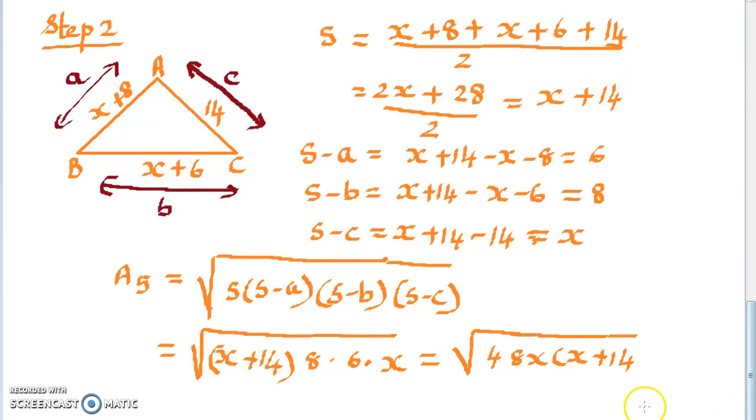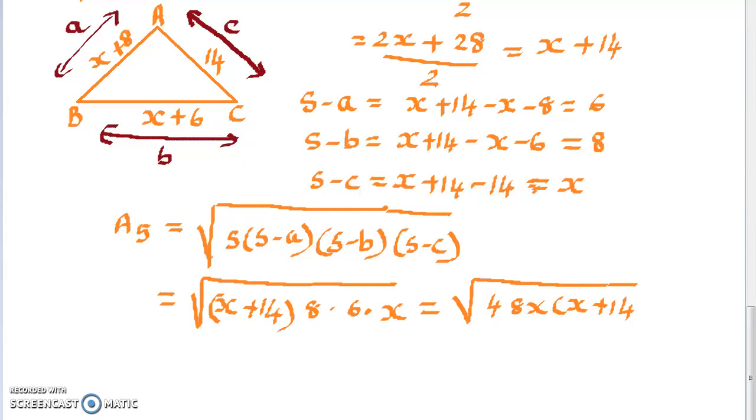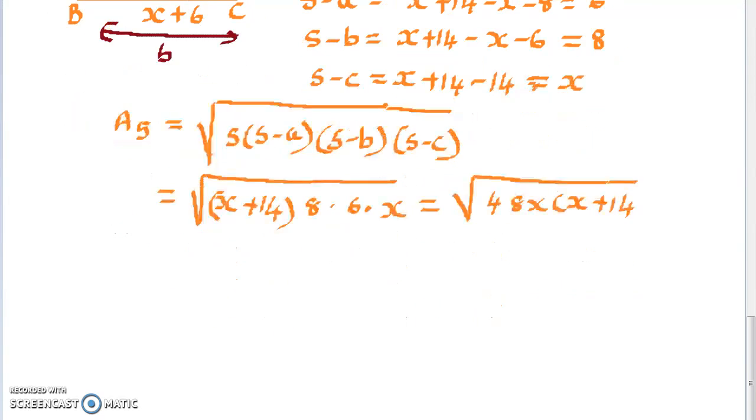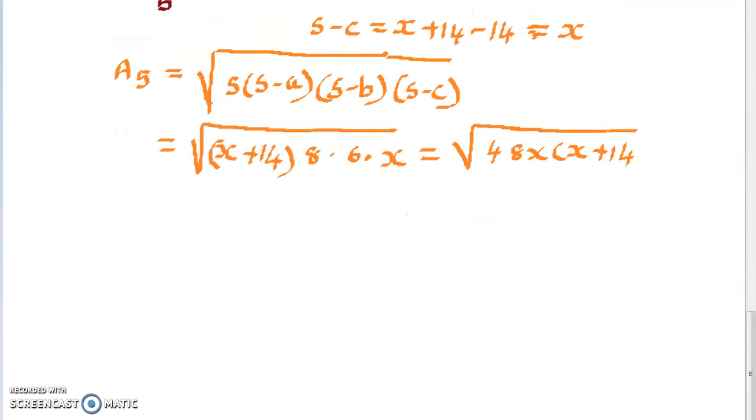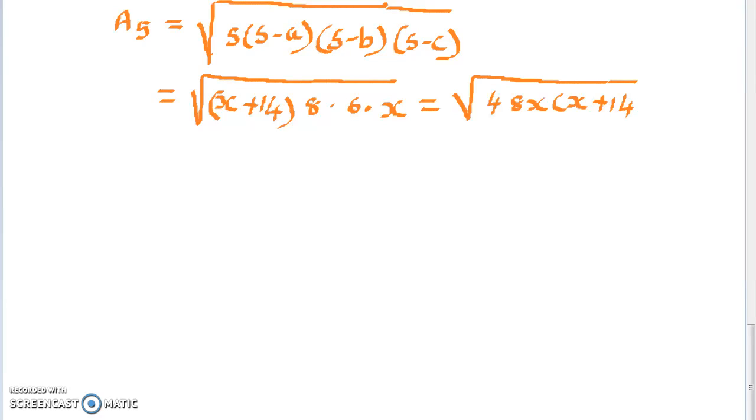I know 48 is 16 times 3. So I can take the square root of 16 out, and I can change it like this. So I'm going to break off 48 as 16 times 3. Just hold on, I'll be writing that.